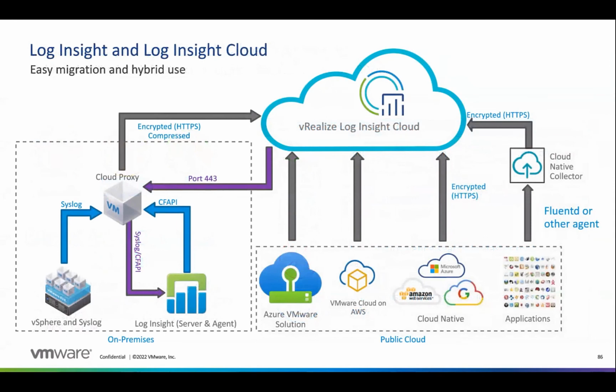And just a simple architecture chart on how Azure VMware Solutions work. Same as VMware Cloud on AWS, we configure a blob source or an event hub in Azure.